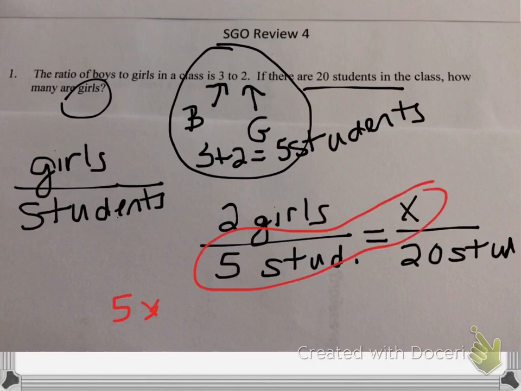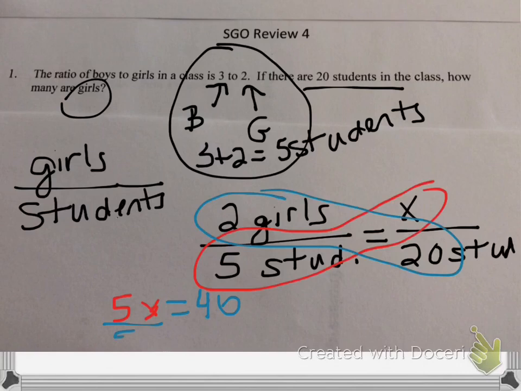Oh well. 2 times 20 is 40, and we could solve that by dividing by 5 on both sides, and X equals 8. Sorry, I could have used multiplication. 5 times 4 is 20, so 2 times 4 is 8. 8 girls.